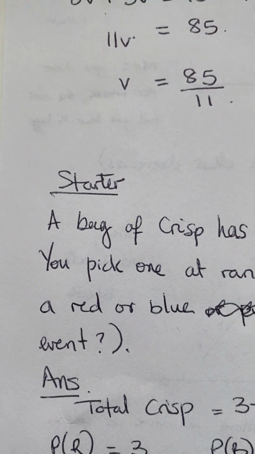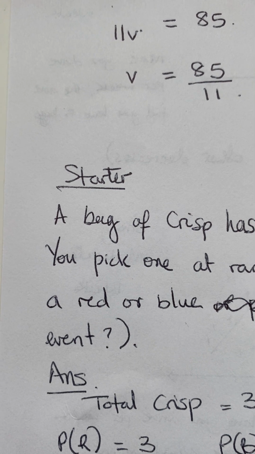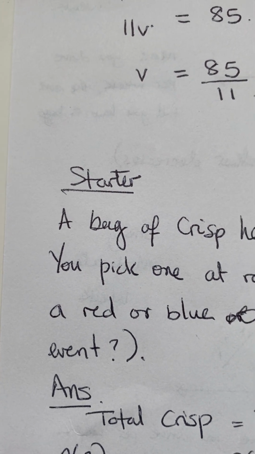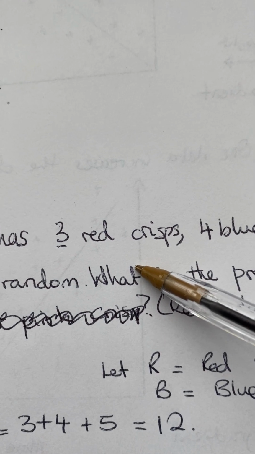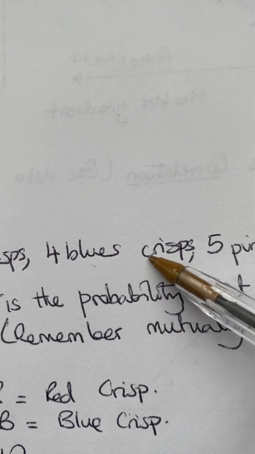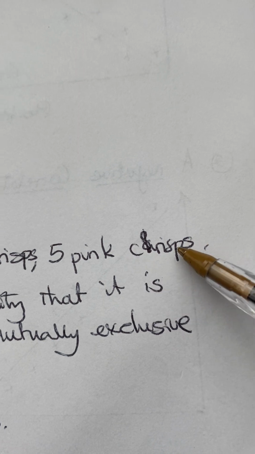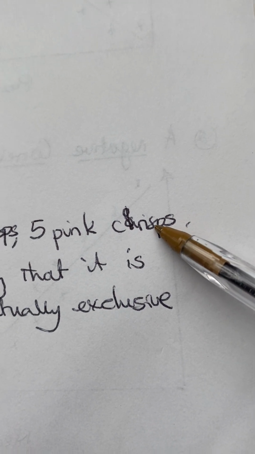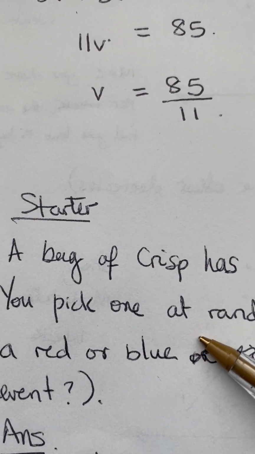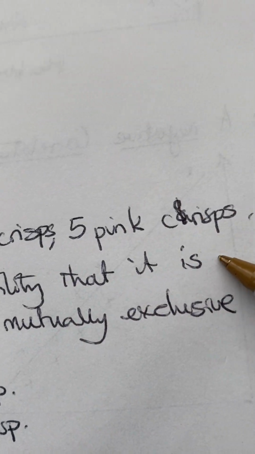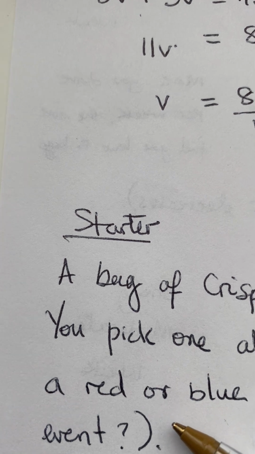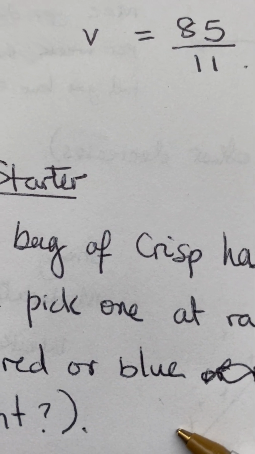Now, as a starter, a bag of crepes has 3 red crepes, 4 blue crepes, and 5 pink crepes. You pick one at random. What is the probability that it is a red or a blue?